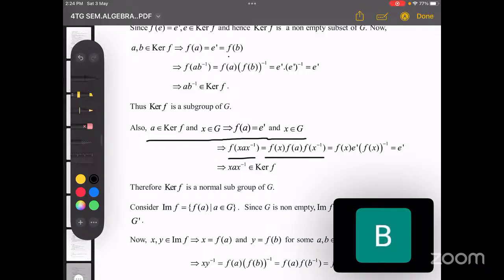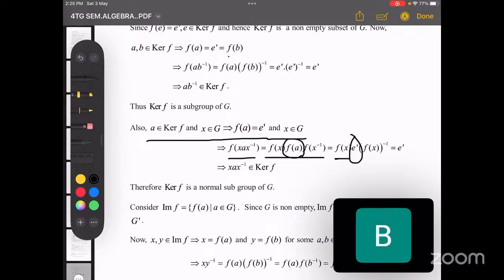Here, by the definition, f of a value is e dash. So you are writing e dash, and f of x whole inverse. Here f of x is there, f of x inverse is there. Both will become the identity element, no?